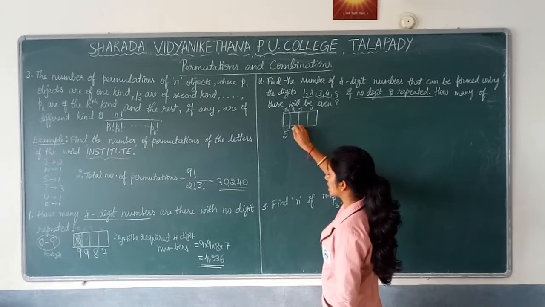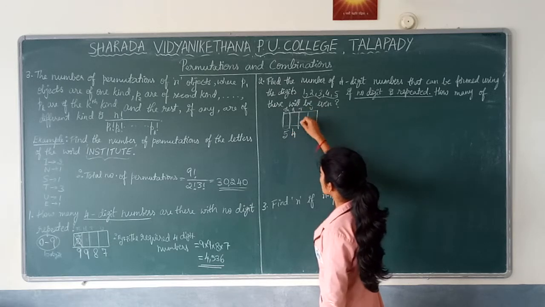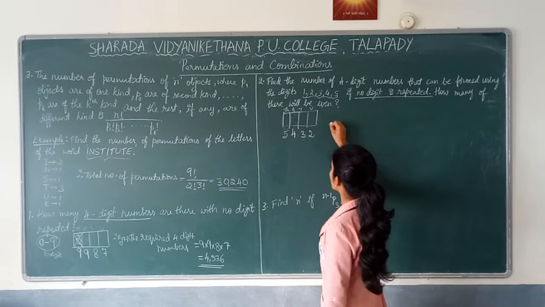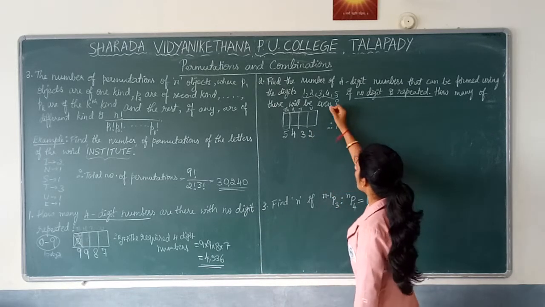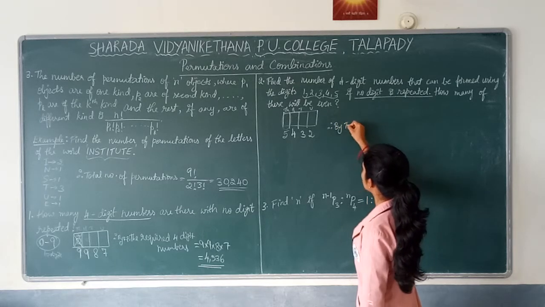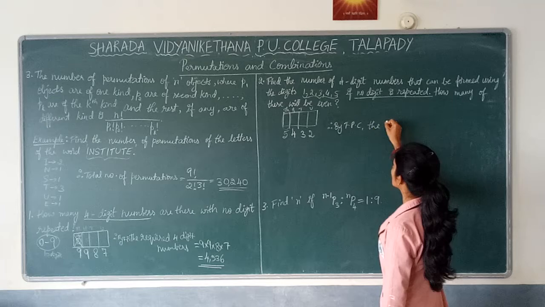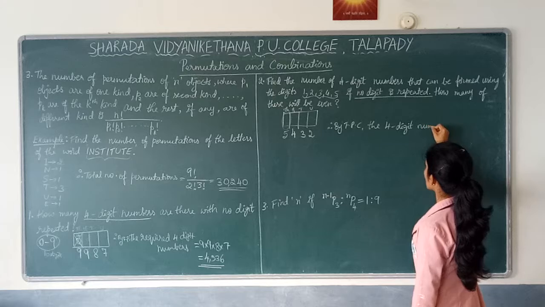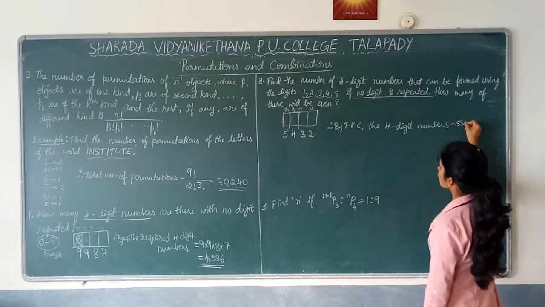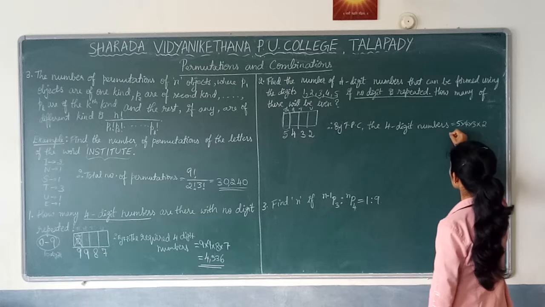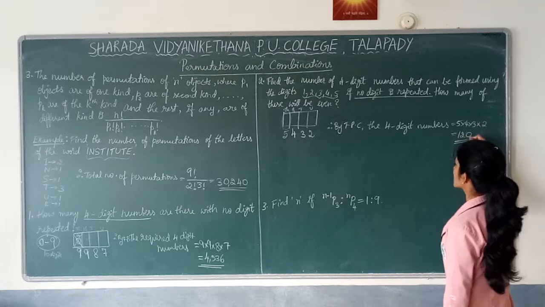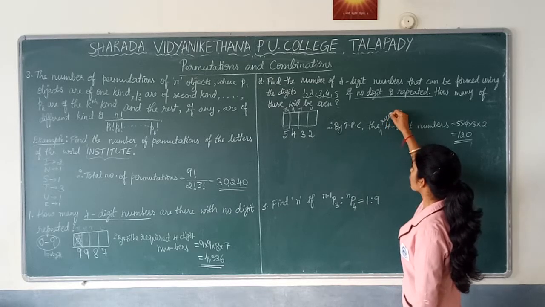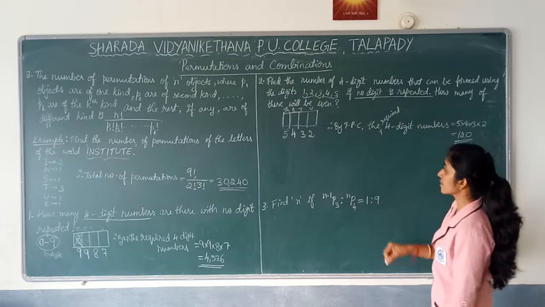So I can fill the hundreds place in 4 ways, the tens place in 3 ways, the units place in 2 ways, and the last in 1 way. Therefore, by FPC, the required 4-digit numbers is equal to 5 into 4 into 3 into 2, that is equal to 120. Okay, so this is the required number of 4-digit numbers. Okay, first part is done.